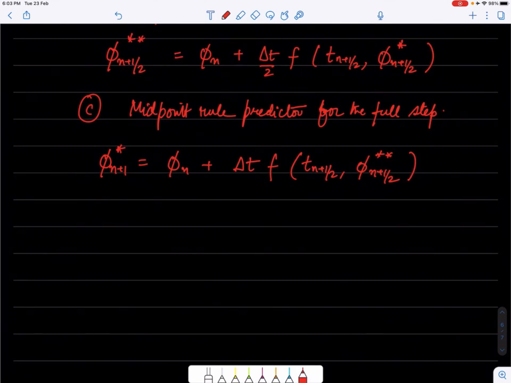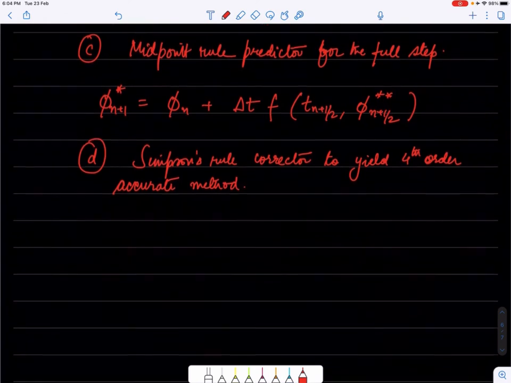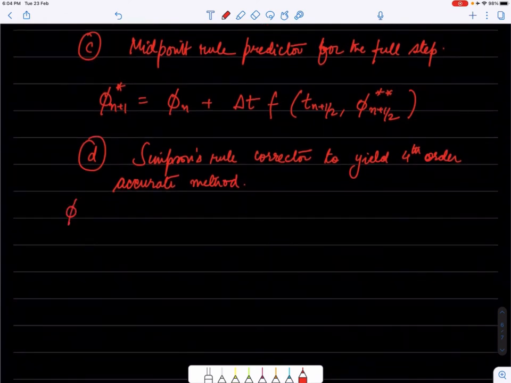And finally, we do the last correction using Simpson's rule. So we'll call it a Simpson's rule corrector to yield a fourth order accurate method. Now what it means is, we will write the final value to be phi n plus delta t by 6 into derivative evaluations at different time steps.